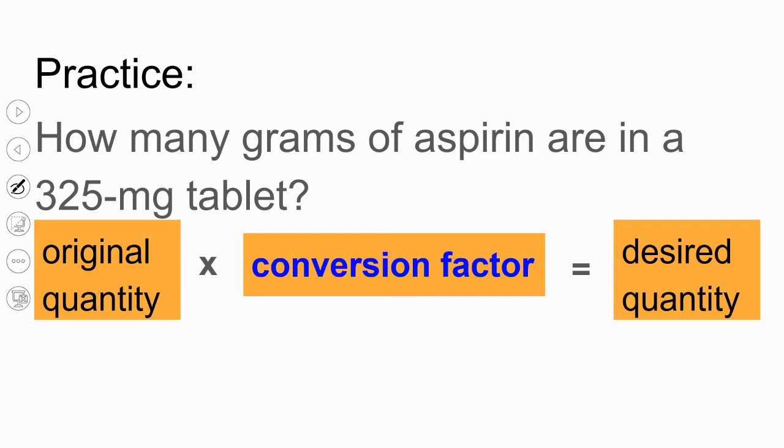So let's do this one. So if we have 325 milligrams, what would be our conversion factor? Let's just write something like, how many milligrams are in a gram? Or like, how many grams are in a milligram? Something like that.